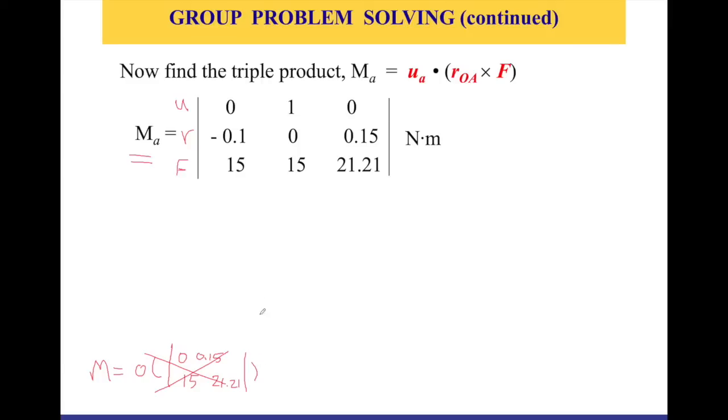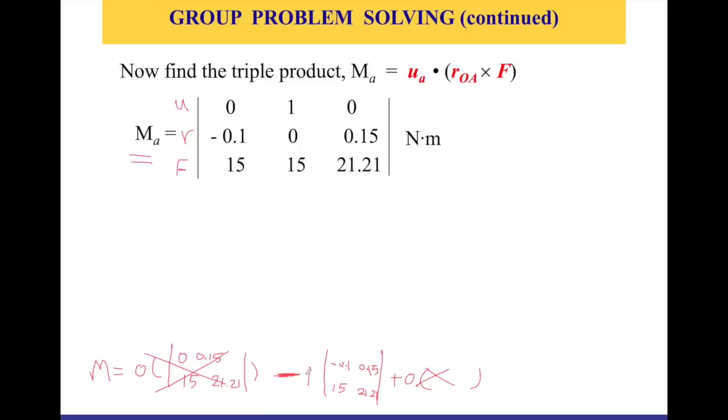The second term is the j, and remember we said in the determinant the second term has to always be negative. So you start with -1, and then you hide the row and the column where the 1 resides, and you fill in the 2 by 2 determinant. If you do this, you will end up with minus 0.1, 0.15, sorry, and then you have 15 and 21.21. Now, the third term is 0, and again, it's multiplied with anything, so that's gone as well.